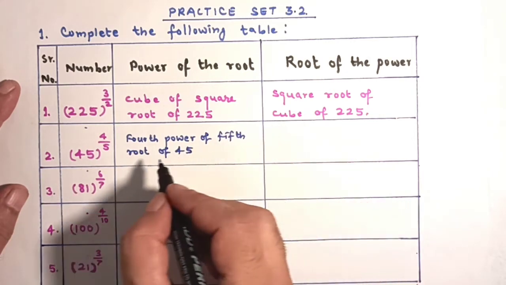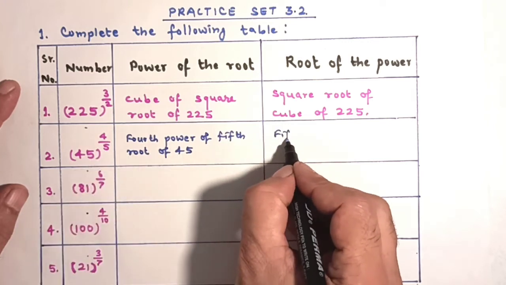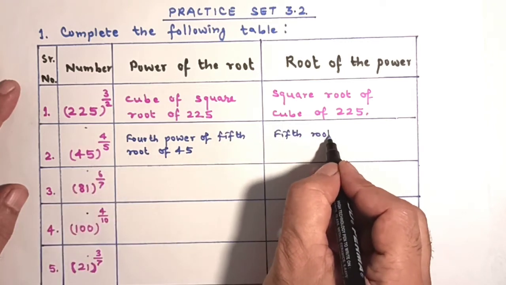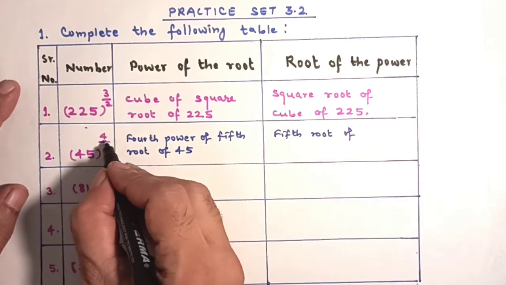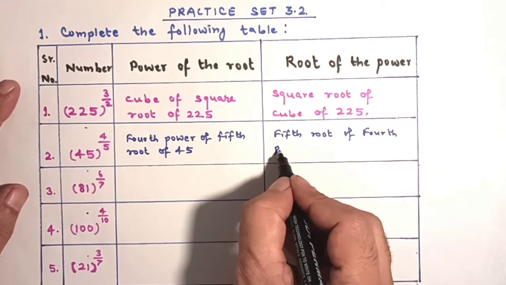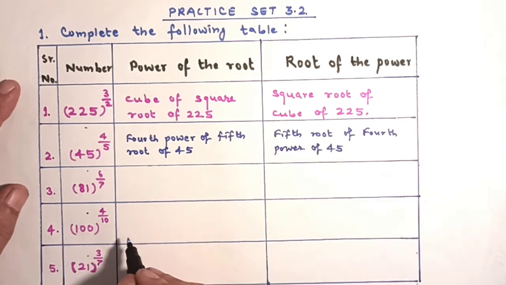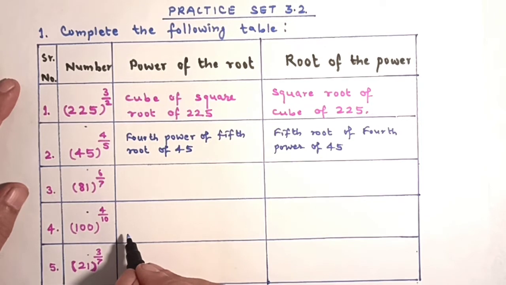Now when I start with root, I'll write fifth root of this 4, so fourth power of your base 45.